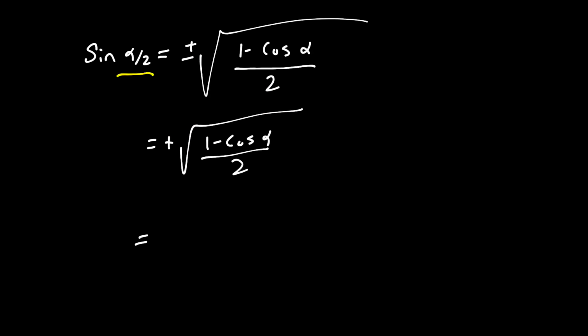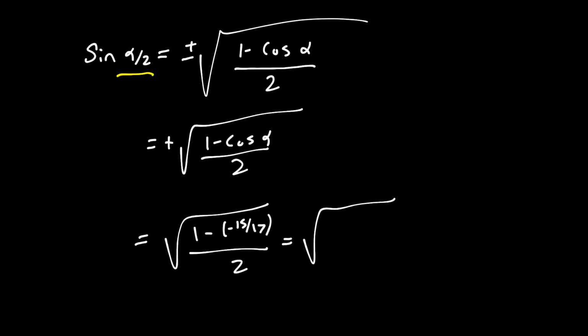So plugging this in, we'll get that this is the square root of 1 minus a negative 15 divided by 17, divided by 2. Simplifying this, we get the square root of 17 plus 15 divided by 17, divided by 2. This is equal to the square root of 32 divided by 34.